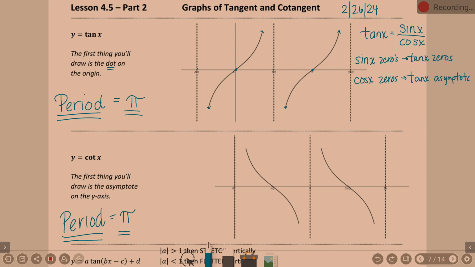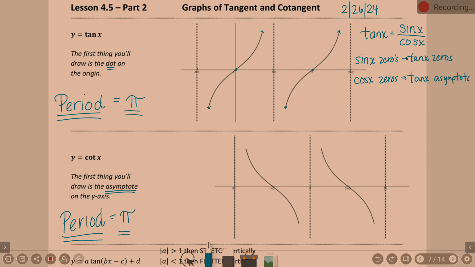First of all, the first thing you draw on cotangent is the asymptote. So at the origin, with tangent we start with a 0. Cotangent we start with an asymptote. And so that means if 0 is an asymptote, once every pi, since it's a cycle of pi, then 1 pi is an asymptote, 2 pi is an asymptote, so on and so forth.